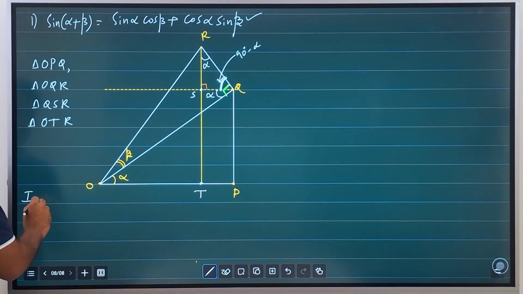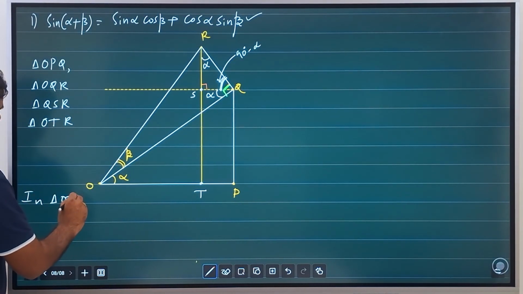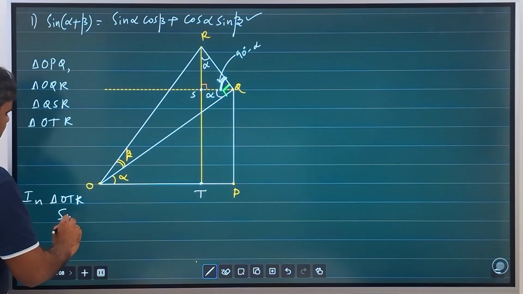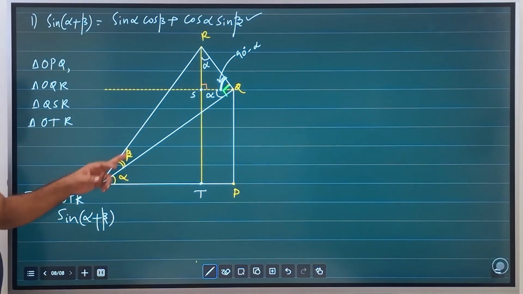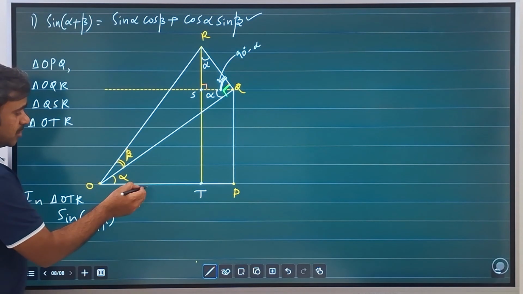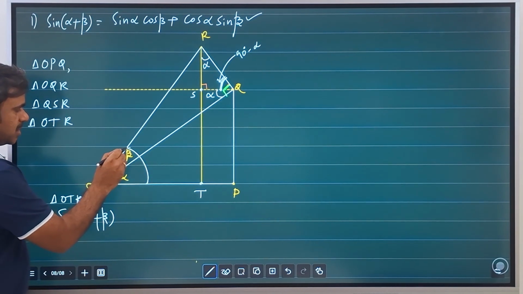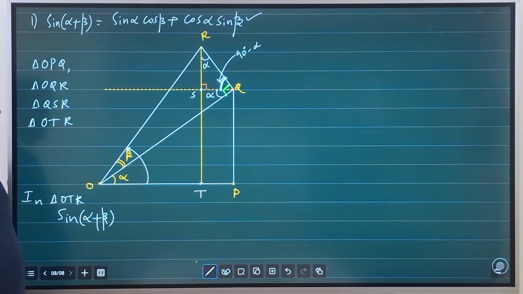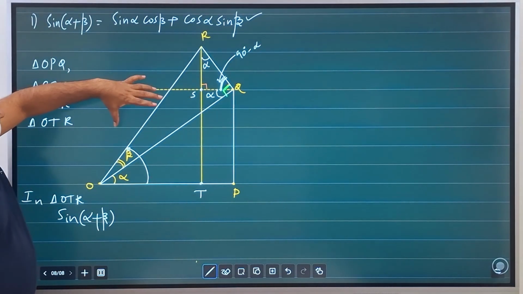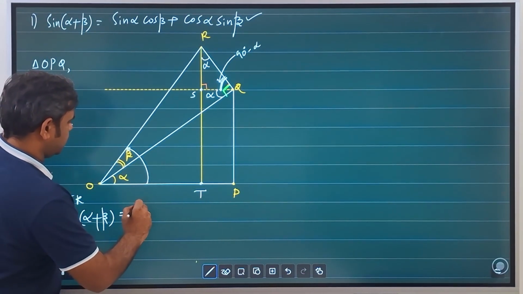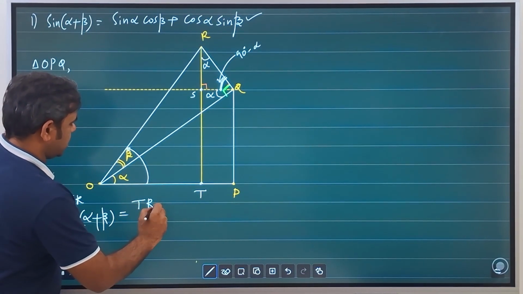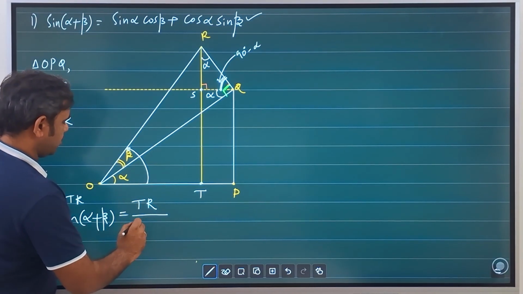In right-angled triangle OTR, we can write sine alpha plus beta. The total angle is alpha plus beta. So sine alpha plus beta is equal to opposite side divided by hypotenuse, which is TR divided by OR.